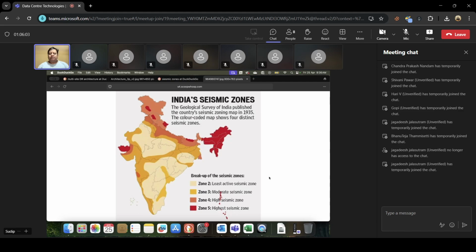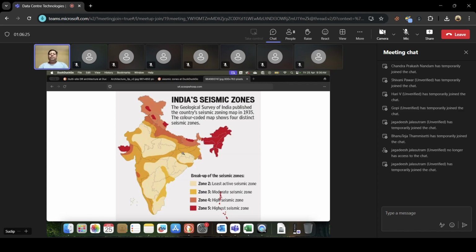And you will see they have categorized these zones into multiple types, and they have given some rating: zone 2, zone 3, zone 4, zone 5. Zone 2 being least susceptible, or the probability of having an earthquake is the least, and zone 5 is the highest.